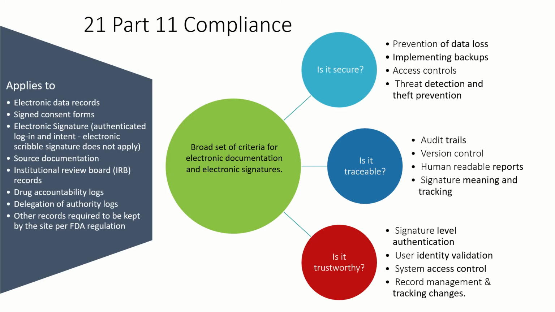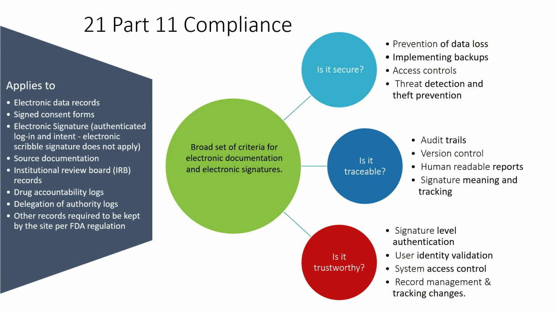So, when you're talking about Part 11 compliance, you are looking at anything that applies to an electronic data record, any signed consent forms, an electronic signature, which we'll talk about more in a minute, but it's an authenticated login signature, basically, or biometrics. Source documentation that's electronic, those kinds of things are what we're applying Part 11 compliance to.